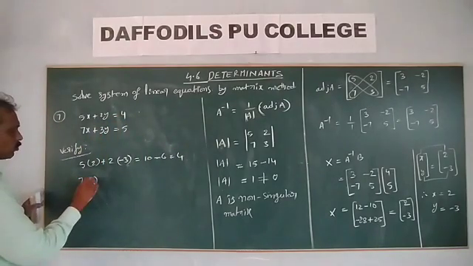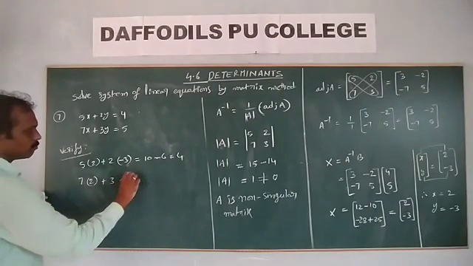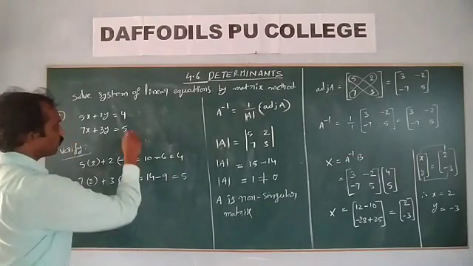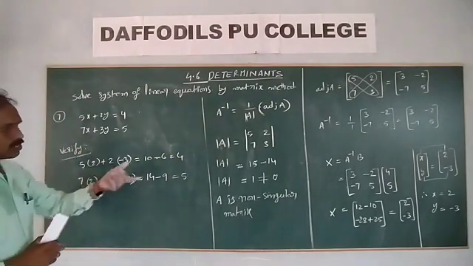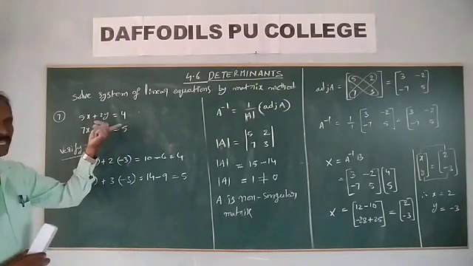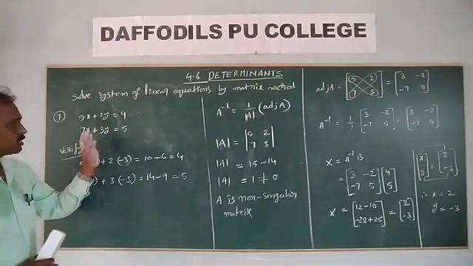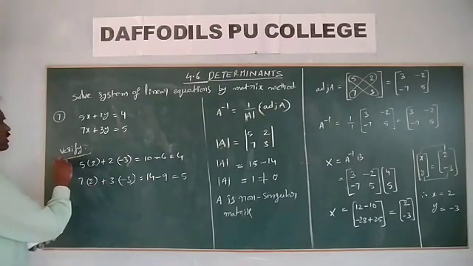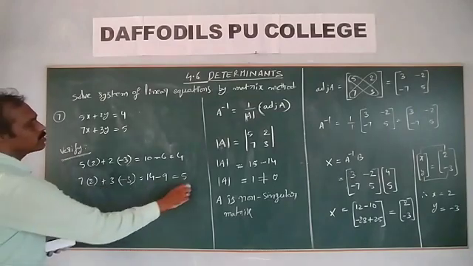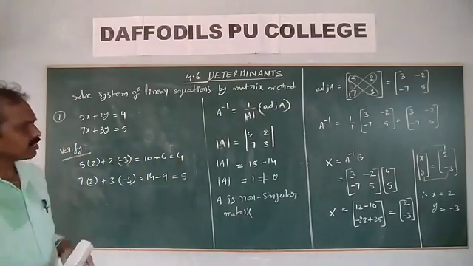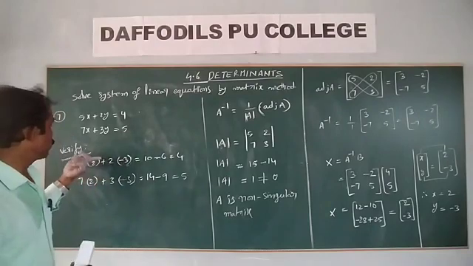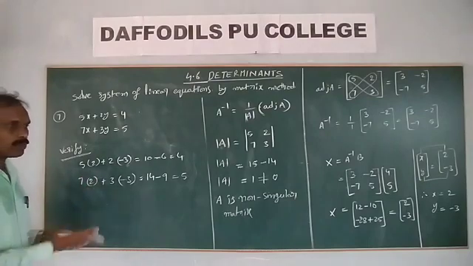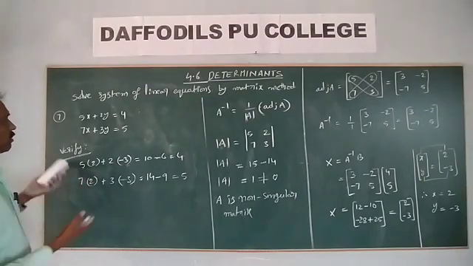Second equation: 7 2's plus 3 times minus 3. 7 2's are 14, 3 3's are 9, 14 minus 9 is 5. RHS satisfied. So in both equations, LHS is equal to RHS, then the answer is correct. In the exam, this verification is not necessary; just for our doubt whether the answer is correct or not, do it in rough work. In the problem, if verification is asked, do it; otherwise do it in rough.